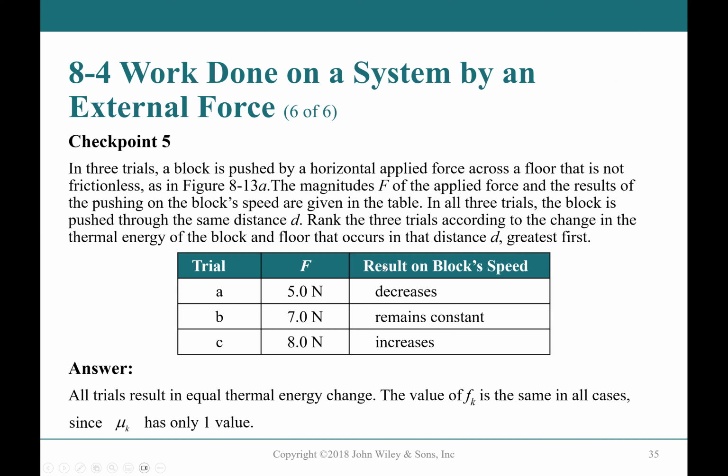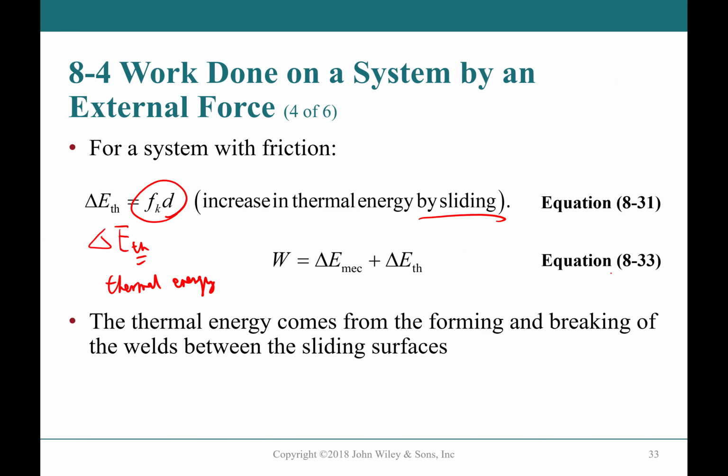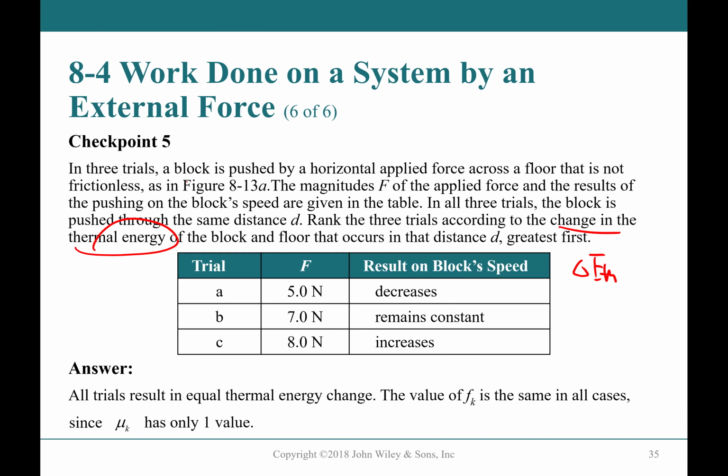So here, think about what thermal energy is, because you want to find out the thermal energy, okay? So thermal energy equals what? Take a look at this. It's because of friction. Thermal energy equals f_k d. Okay, what is f_k? f_k is friction. It depends on mu_k times F_n, right?